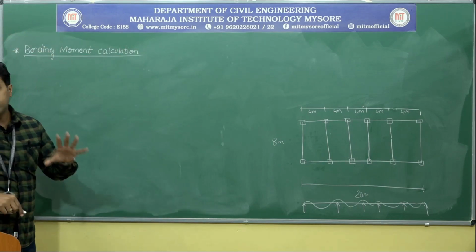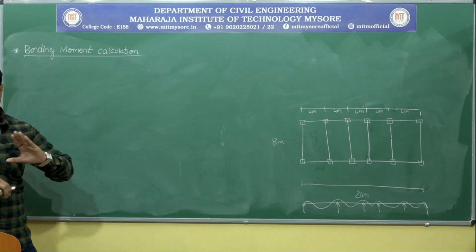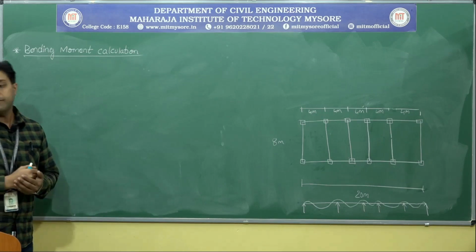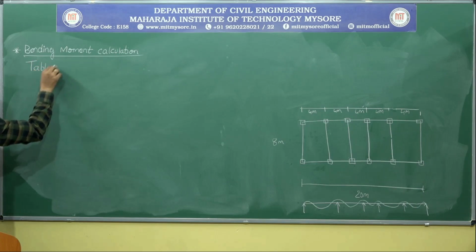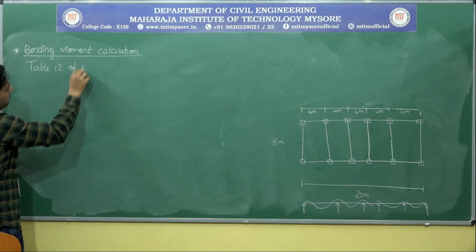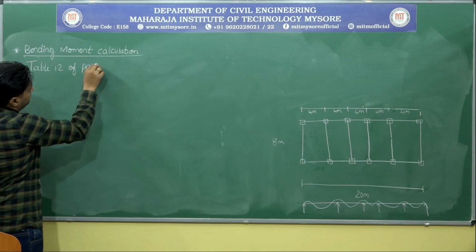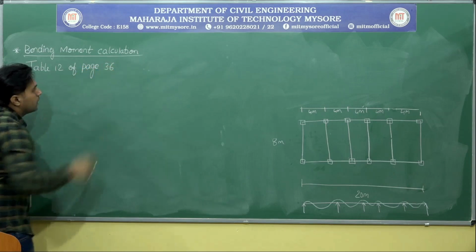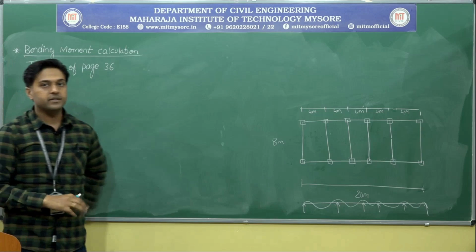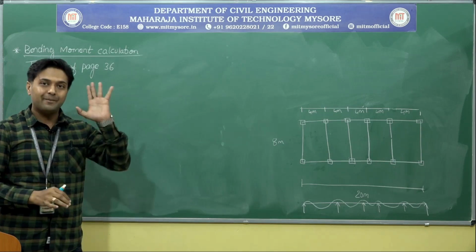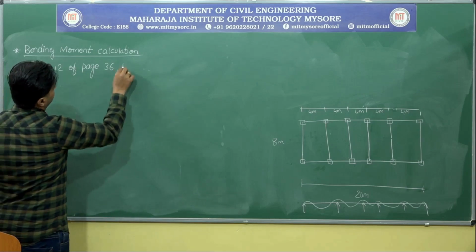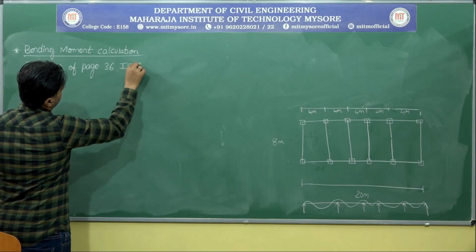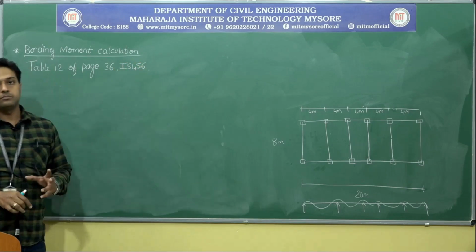So from table 12, I made a mistake there. It's not page 12, it's table 12 of page 36, IS 456. So there is a tabular column.